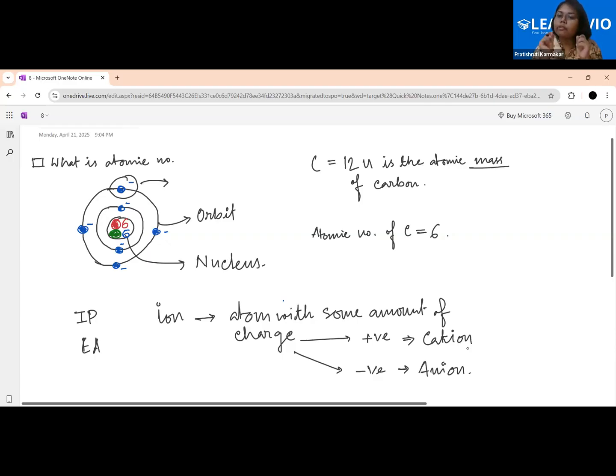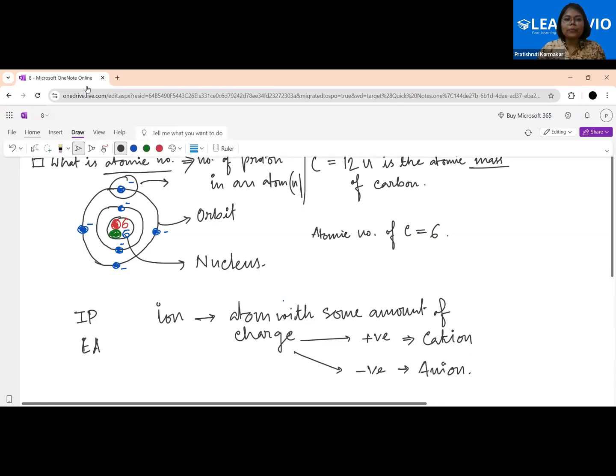That's why to define the properties of an atom, we take the number of protons, and this is the atomic number. The atomic number is nothing but the number of protons in an atom. Okay. Now you remember it, na?